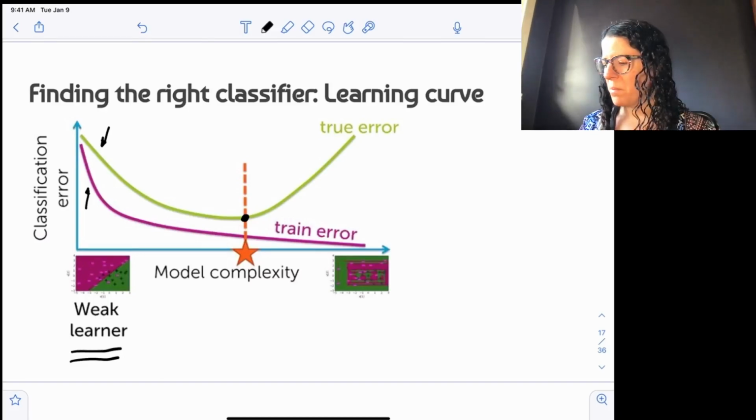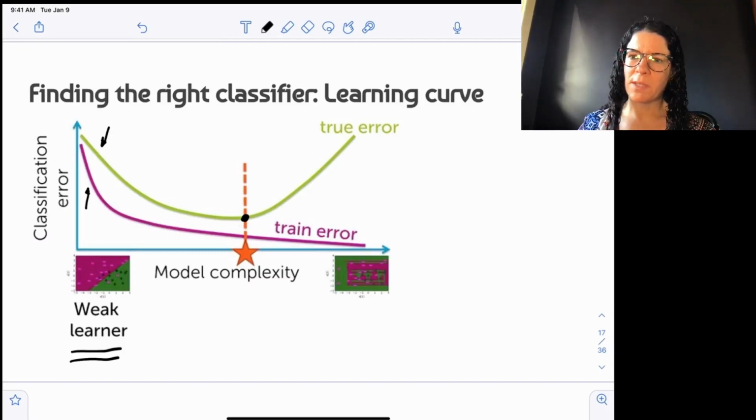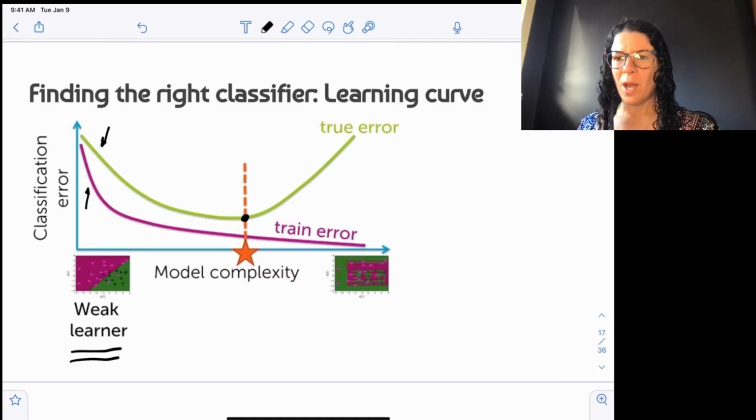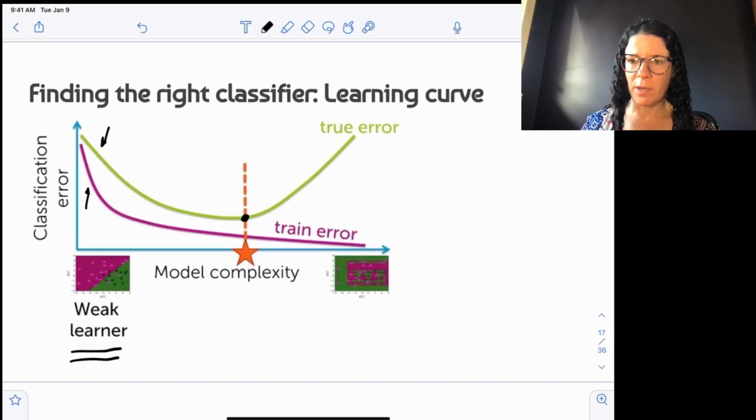If we make it too complex, it's just going to overfit, our validation error is not going to be as good, and we're not going to generalize as well. This scenario happens with a lot of algorithms. Deep learning breaks this a little bit sometimes, but this is in general true. So what we want is a model with complexity in the middle.